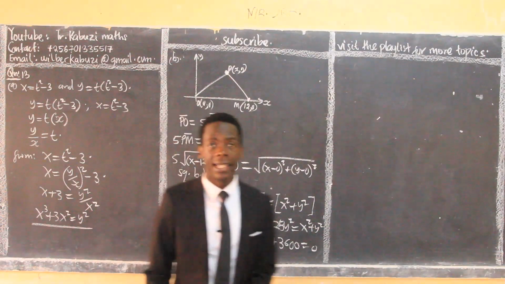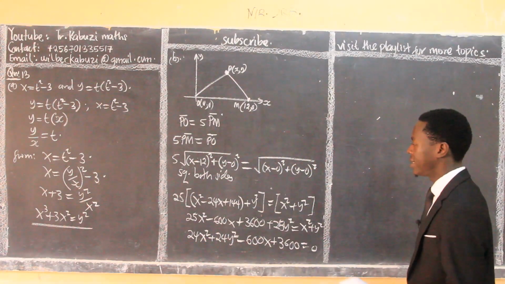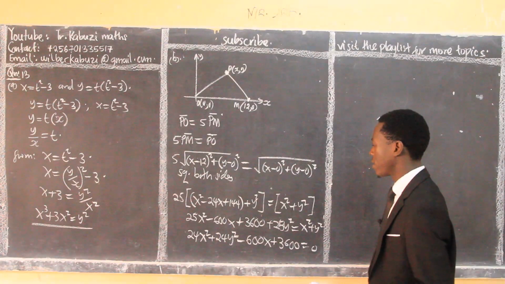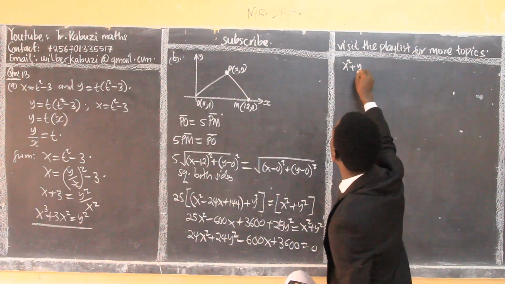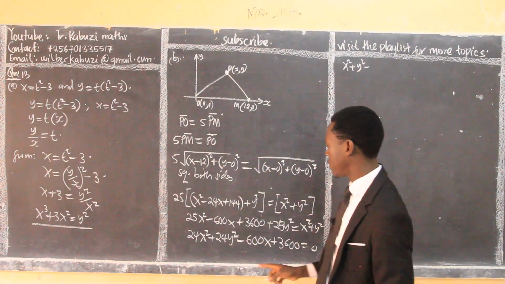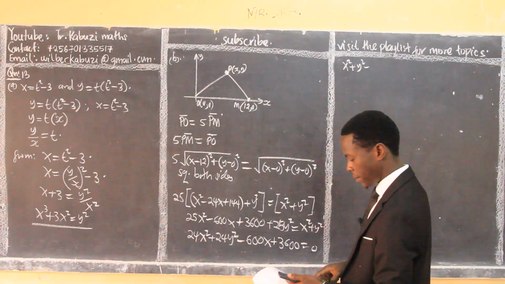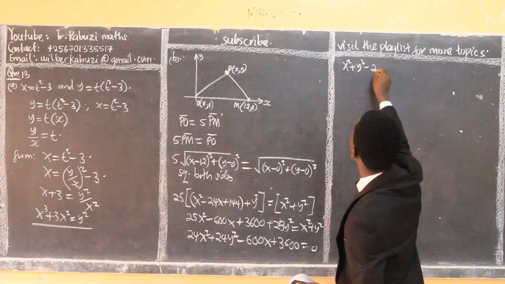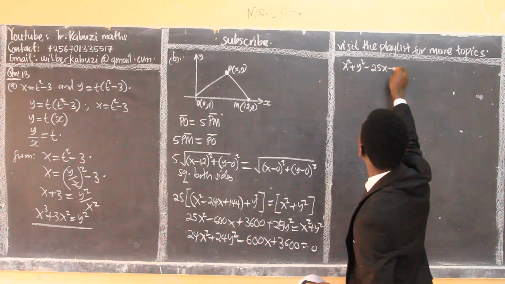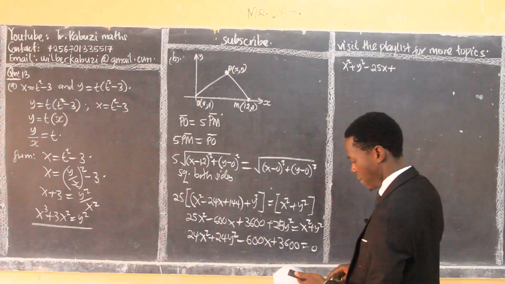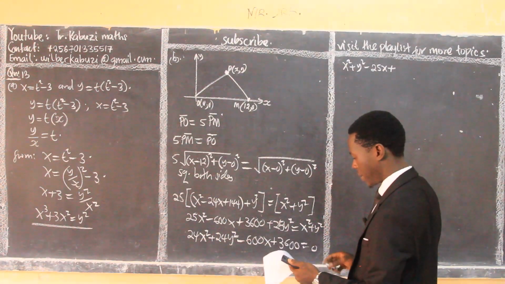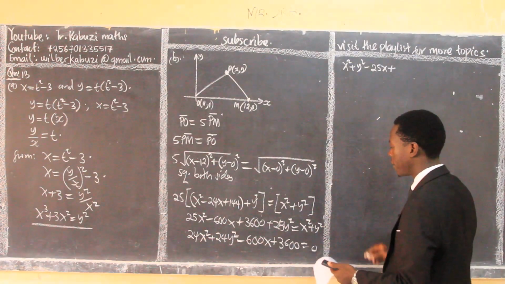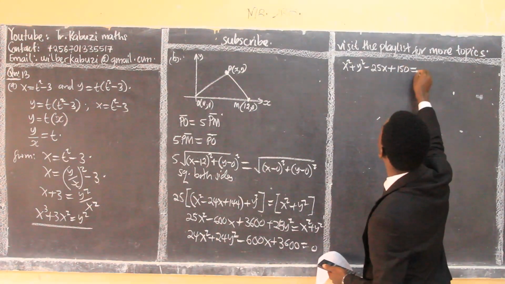To get a center, we have to make the coefficients 1, so divide through by 24 to get x squared plus y squared minus 25x plus 150 equals 0.